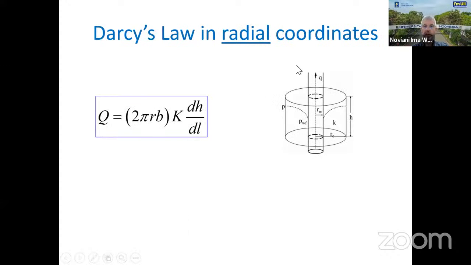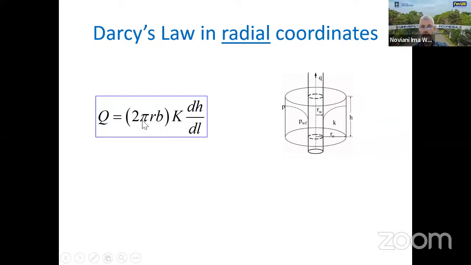Okay, so Darcys Law, I have here now rewritten in radial coordinates. It's still Q, the flow, and it's still K, the hydraulic conductivity, and it's still the hydraulic gradient, dH/dL. What changed is that I'm expressing the area now in radial coordinates.